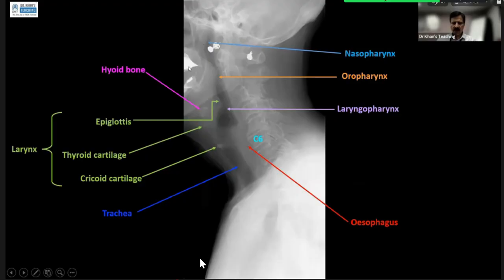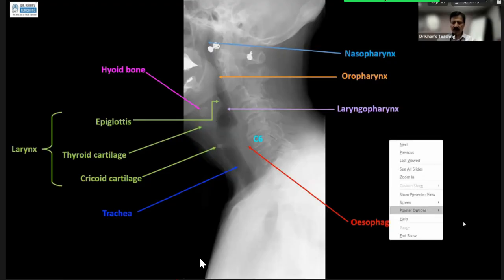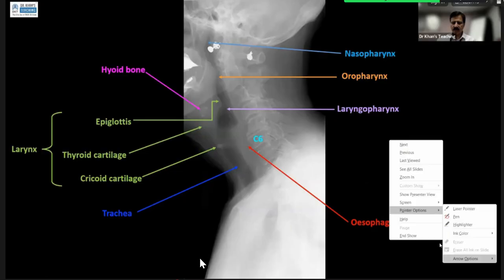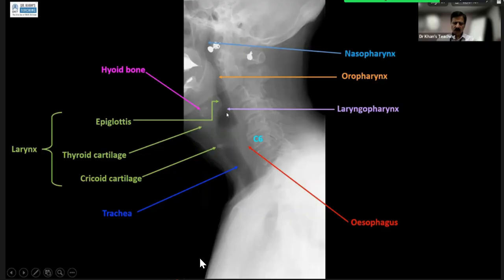The patient has taken a sip. Look at this. This is the hyoid bone. This is the C6 vertebra, and this is some calcification or ossification of the laryngeal cartilage.